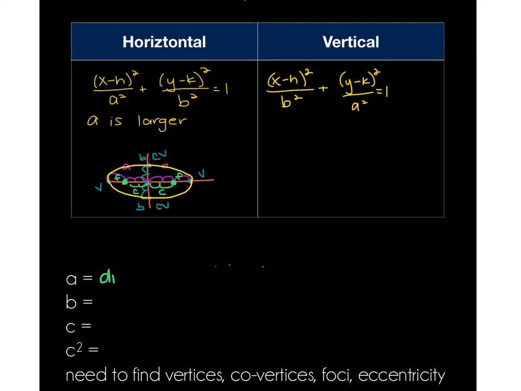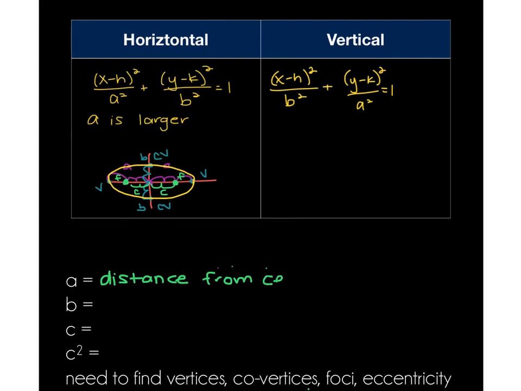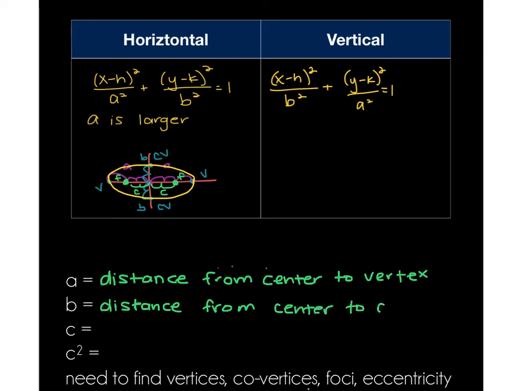So a is distance from center to vertex. b is distance from center to co-vertex. c is distance from center to focus.